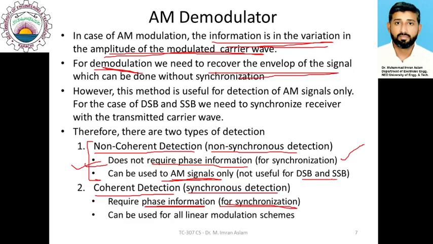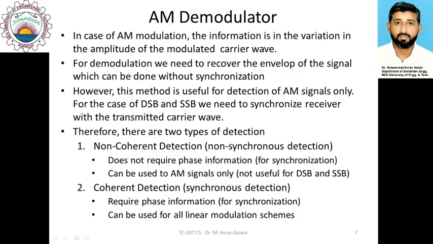But in case of DSB and SSB, we know that there is phase reversal as well, and in those cases we need to have this synchronization. DSB and SSB cannot be detected non-synchronously, so they need to be detected using coherent detection or synchronous detection. In fact, all types of AM modulation schemes can be detected using coherent detection.